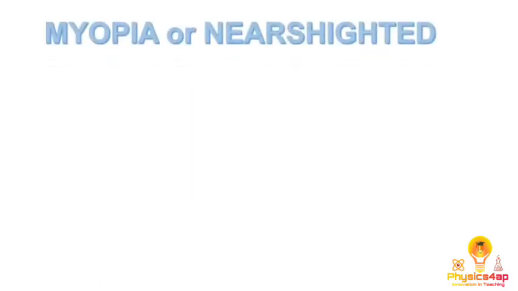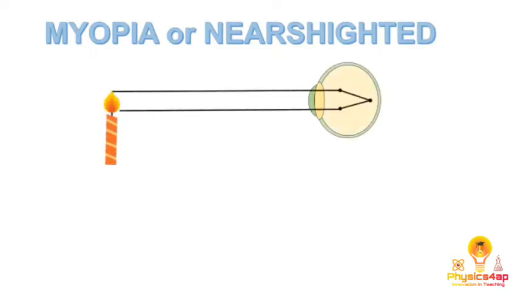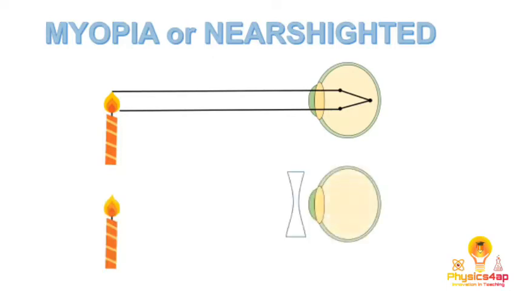It is also used to correct the defect of myopia, that means the person who cannot see far objects. The light focusing spot falls in front of the retina. To make it fall farther back, upon the retina, we need a diverging lens so that it spreads the light out a little bit and makes it fall on the retina.